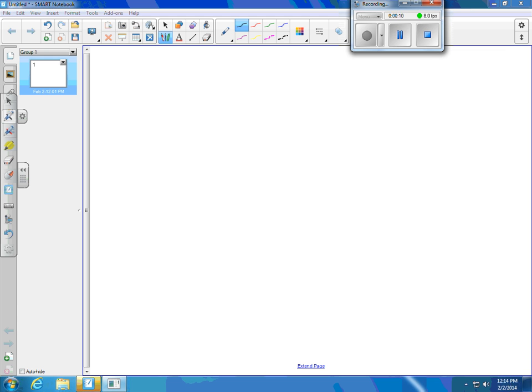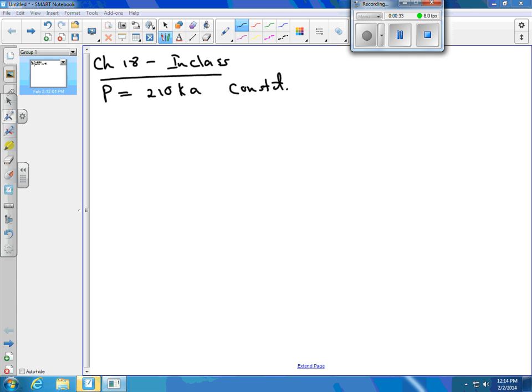With the pressure held constant at 210 kilopascal, so pressure equals 210 kilopascal constant, and 49 moles, those are the givens, the gas expands from the initial volume Vi, which is given as 0.75 meter cube, and V final is given as 1.9 meter cube.